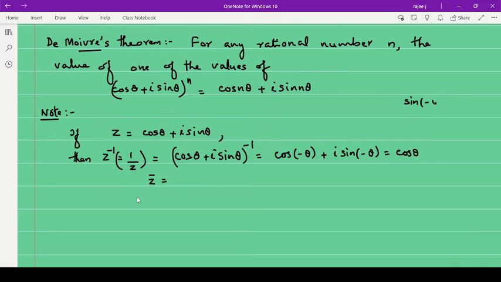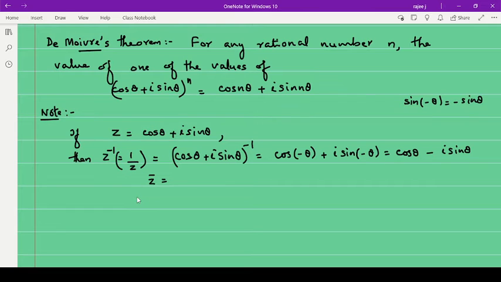Sin of minus theta is minus sin theta, tan of minus theta is minus tan theta, and so on. Only cos and sec give positive values. So we can write this as cos theta minus i sin theta, because sin of minus theta is minus sin theta.